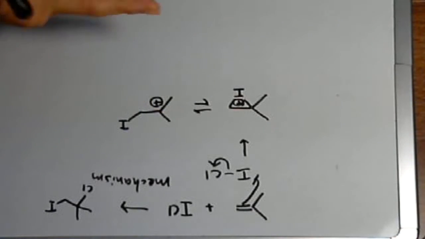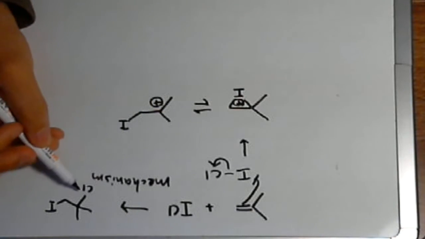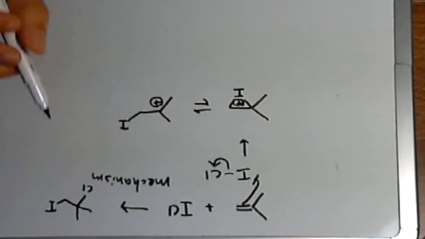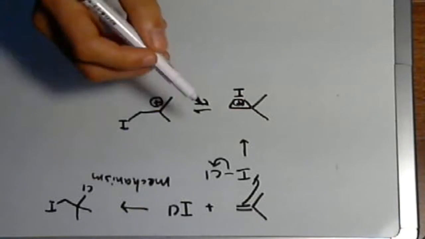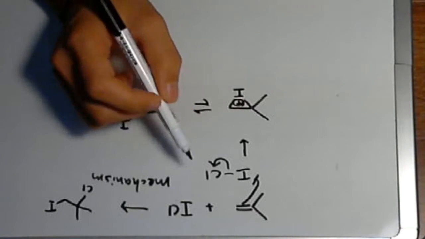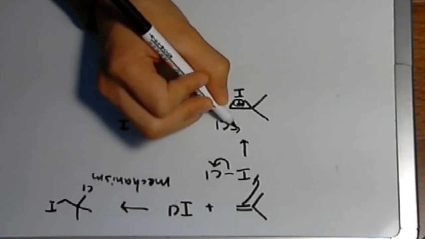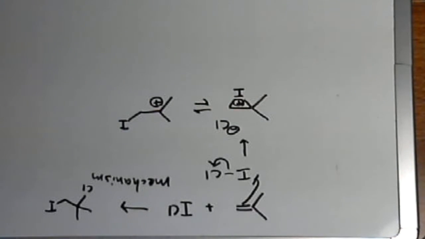So next thing we know is we're going to have a nucleophilic reaction involving a Cl, right? Well, what's the most nucleophilic reagent with Cl? Well, we just eliminated off Cl minus. So we're going to get that Cl minus back, and it's going to attack the carbon with the most positive character.